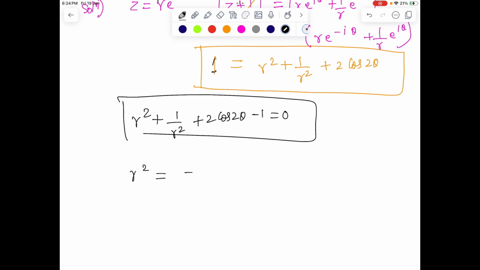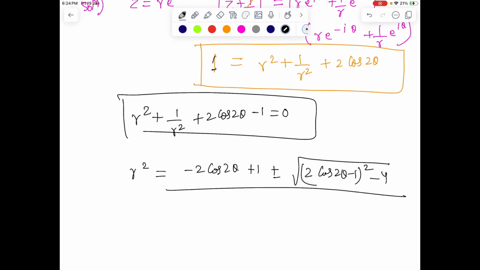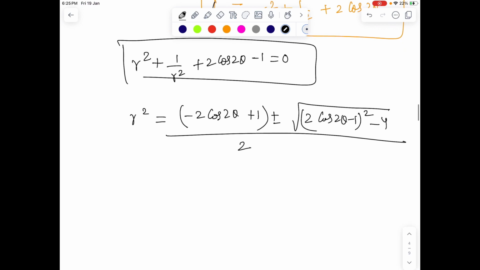So this quadratic will straightforwardly give r square is minus 2 cos 2 theta, plus minus the root of (2 cos 2 theta minus 1) whole square minus 4, all over 2.